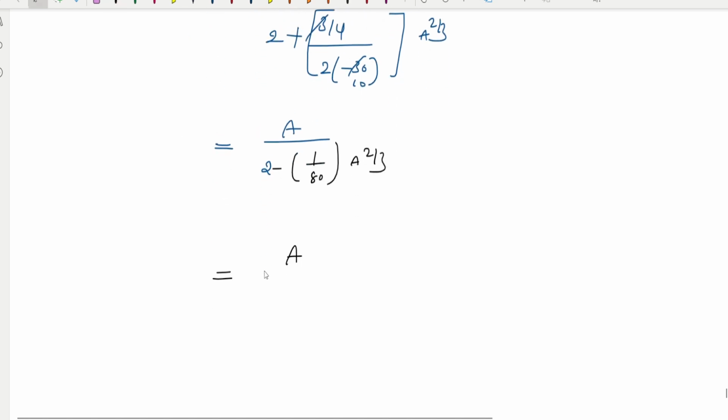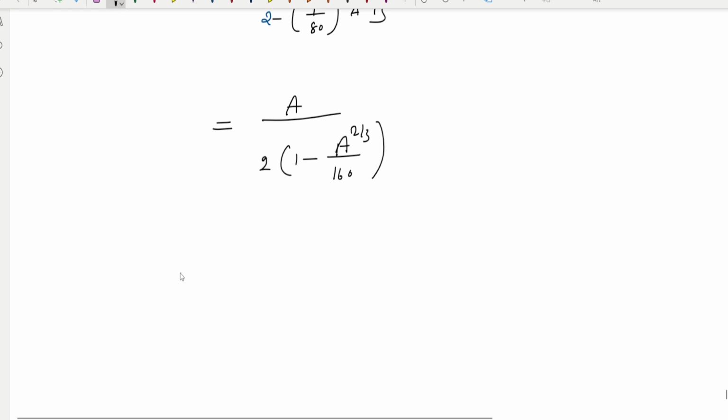So A divided by 2. In case if you common the 2 here, the 2, 1 minus, this is double, right? 160. So this is only 2 divided by 3.